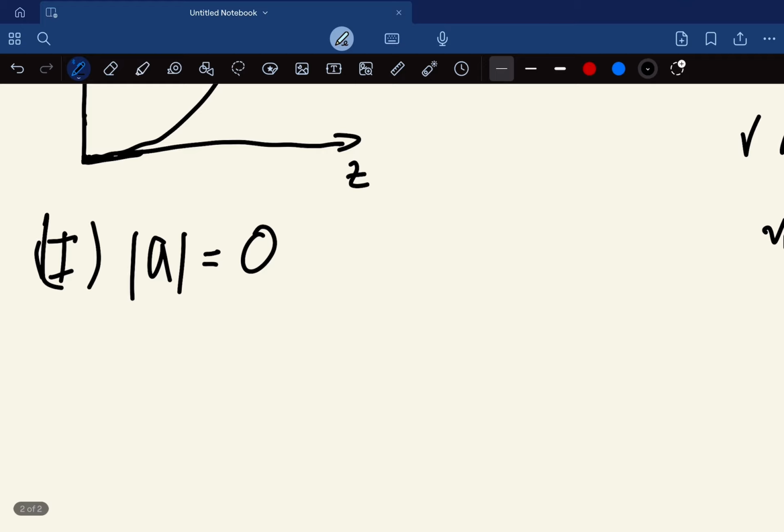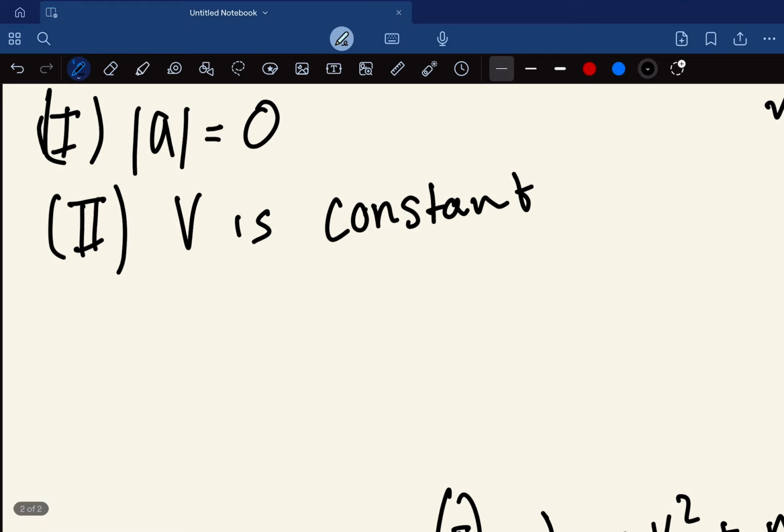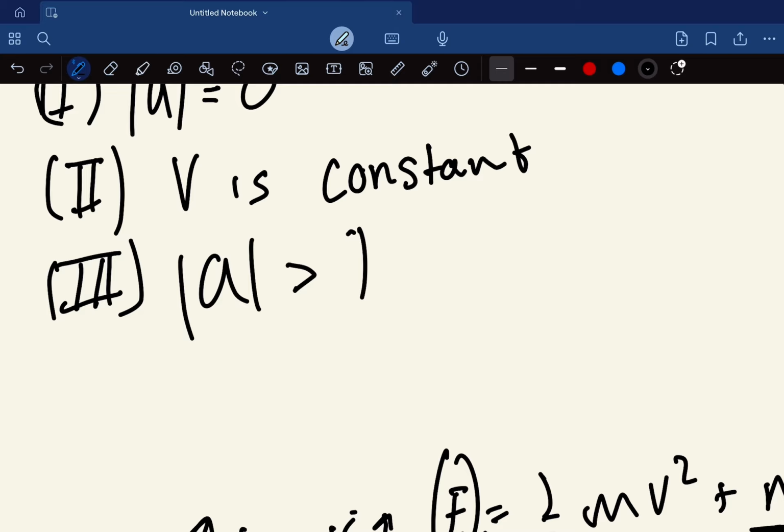The second option is V is constant. Third option is the absolute value of A is greater than 0. So the object has an acceleration.